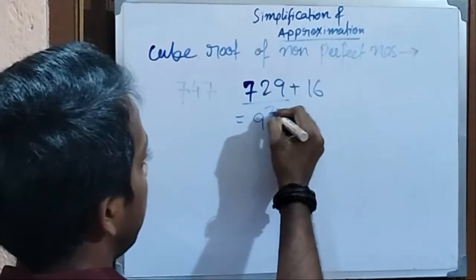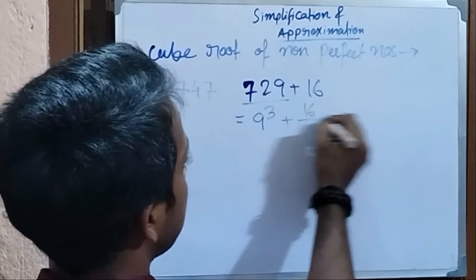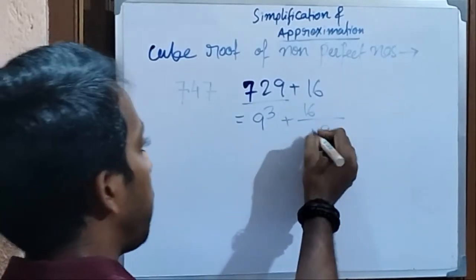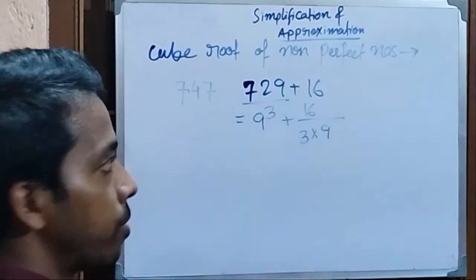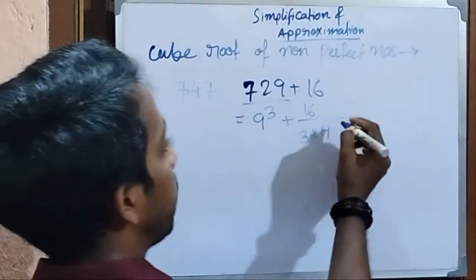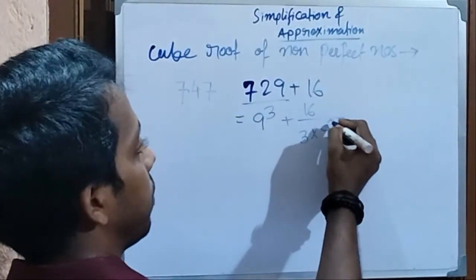So this is 9 plus 16 more. 16 is in the numerator, and in the denominator part you have to write the base number and multiply it by 3. Now you have to multiply this number by 3 and the base number would also get squared.